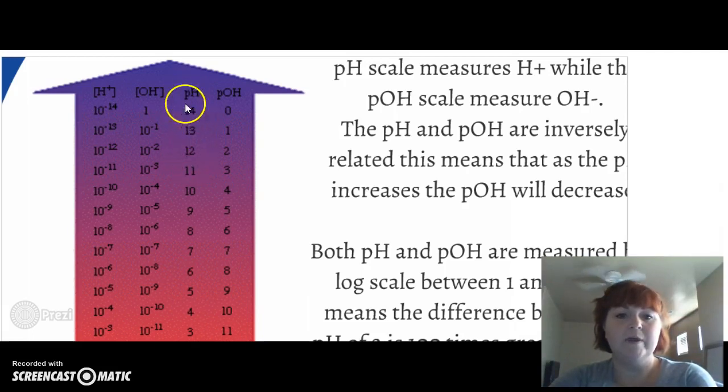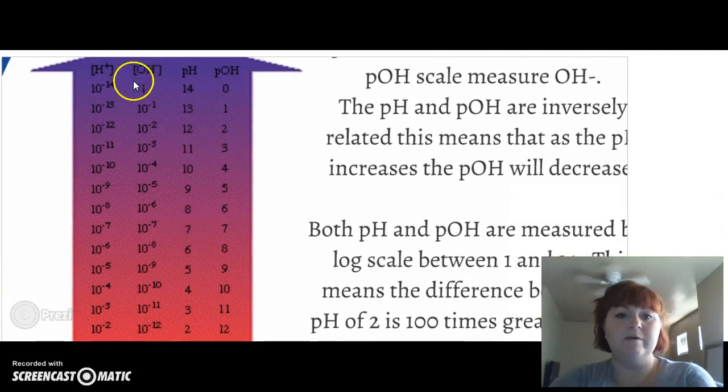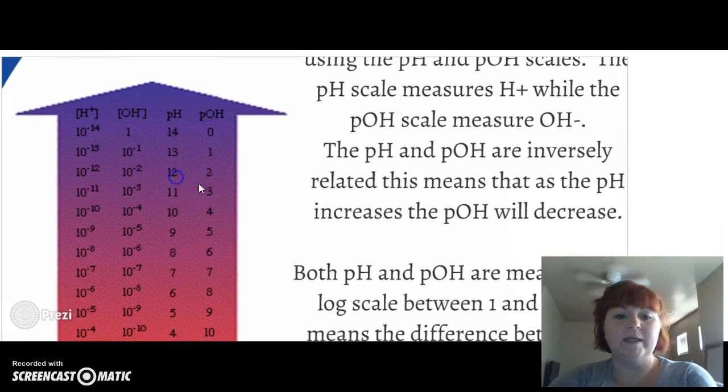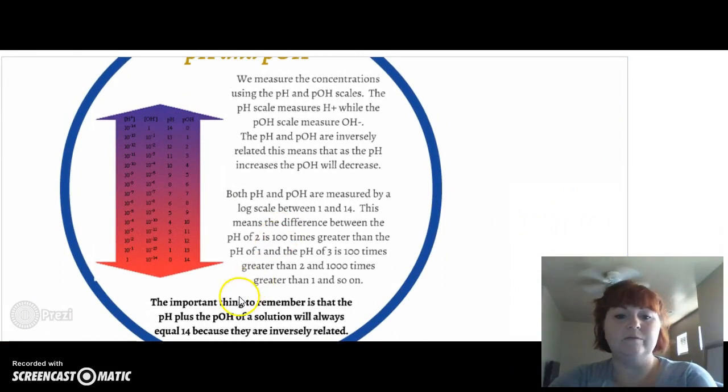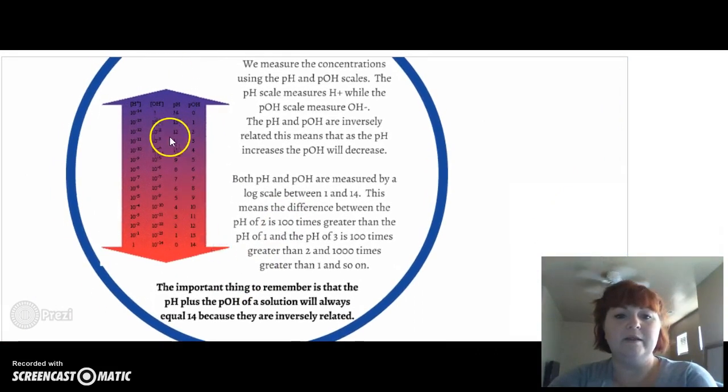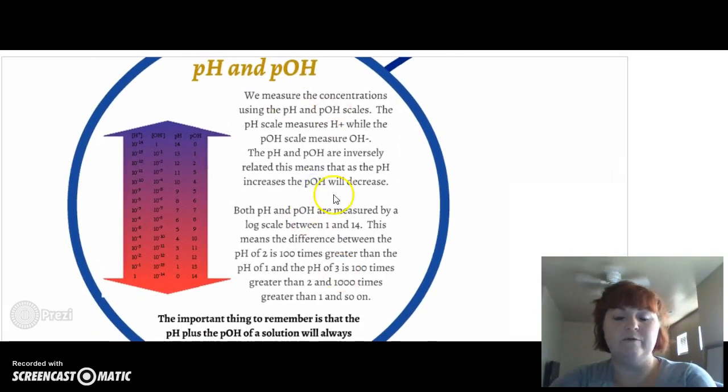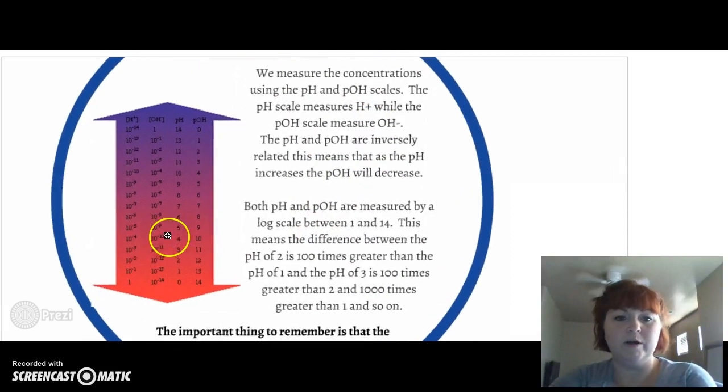So the higher my concentration of H plus, the lower the amount of OH minus I have, and vice versa. The cool thing about this scale is that it is inversely related, as in we always are going to have the concentrations equal the same number because these concentrations came from the dissociation of water.